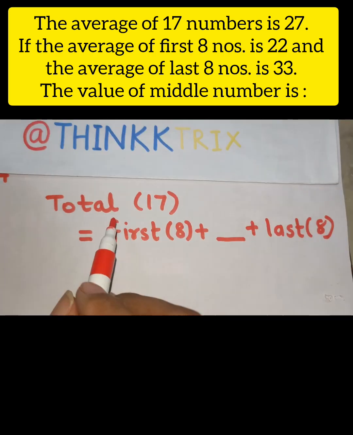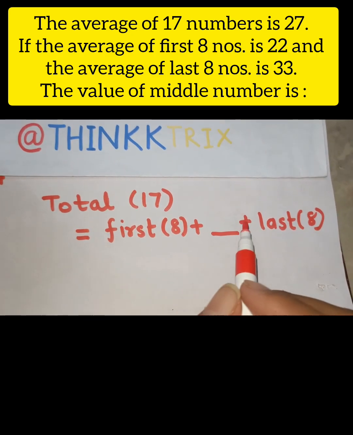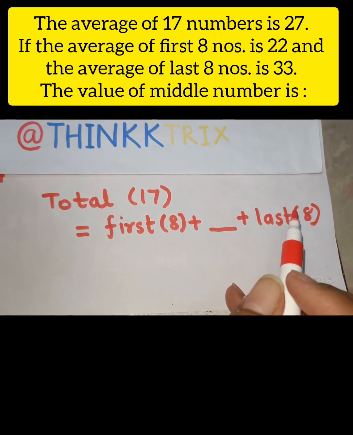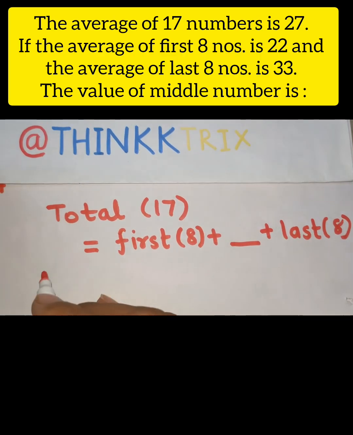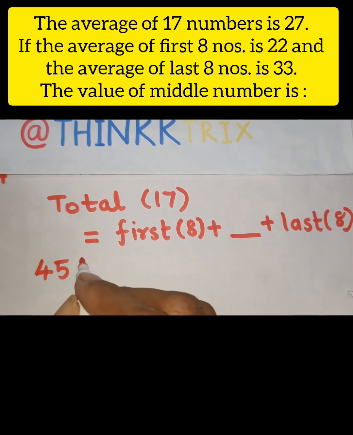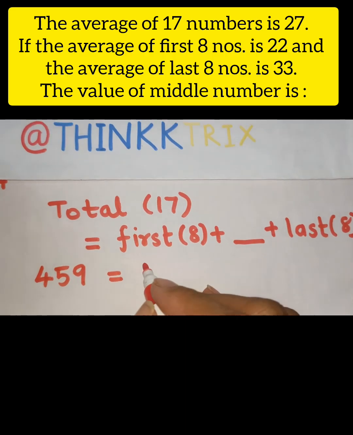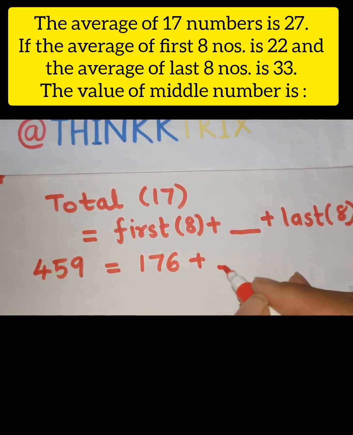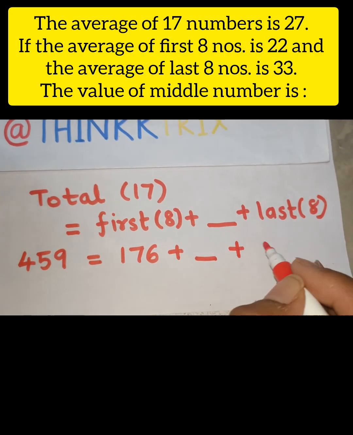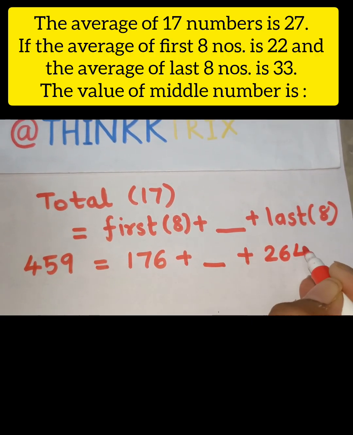459. Total of 17 is equal to the total of the first 8 plus the ninth value which is missing plus the total of the last 8 values. We have got that the total of 17 numbers is 459, which is equal to the addition of the first 8 numbers, which is 176, the value which is still missing, plus the last 8 numbers total, which is 264.